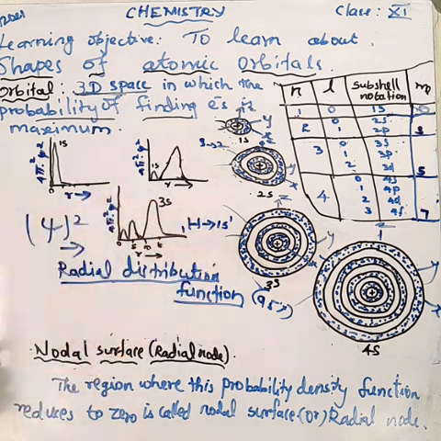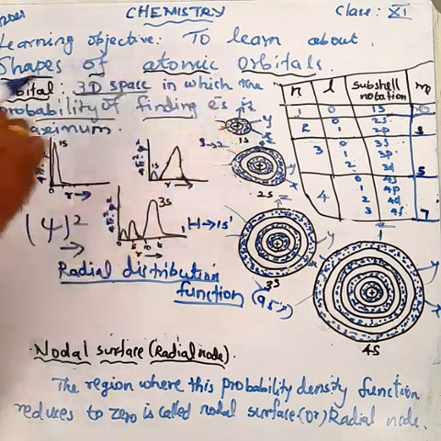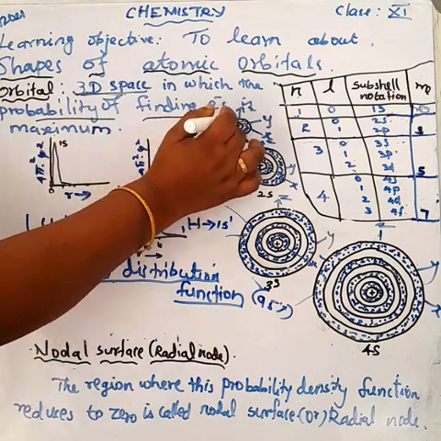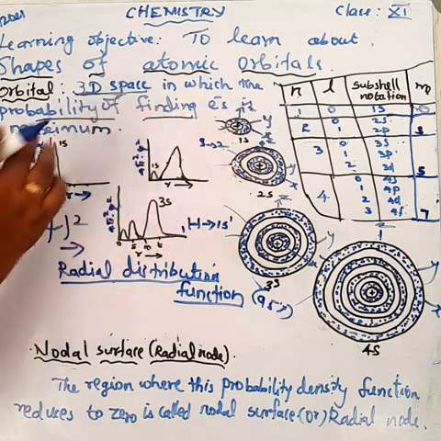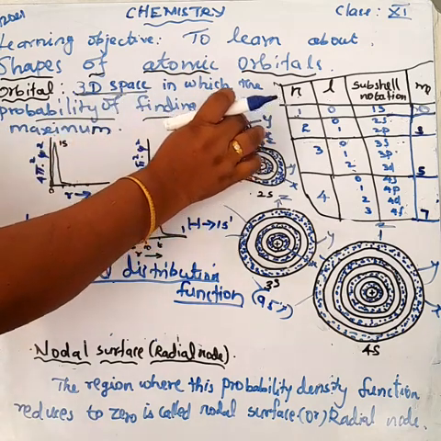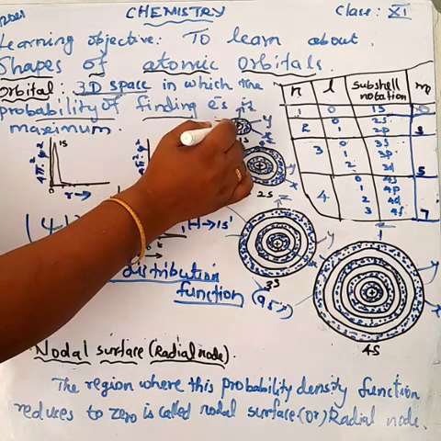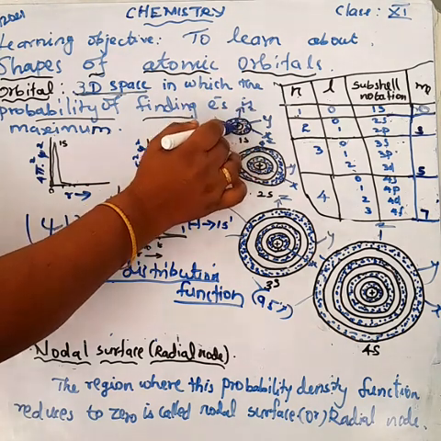Only 1 electron is present for the hydrogen atom. This is the 1s orbital. The electron is very close to the nucleus. The nucleus has positive charge.